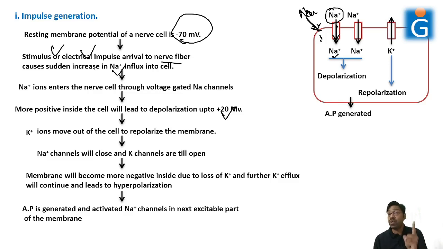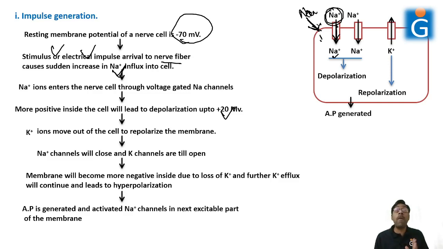First of all, I am going to tell you about these sodium channels. When these nerve impulses arrive, they are not directly going to activate voltage gated sodium channels. No, the voltage gated sodium channels are not directly activated by the nerve impulses, but these nerve impulses are only going to trigger a very slight opening of normal mechanically operated sodium channels.